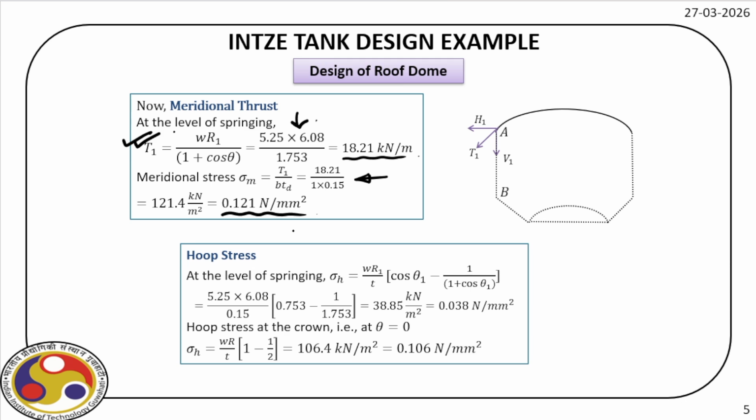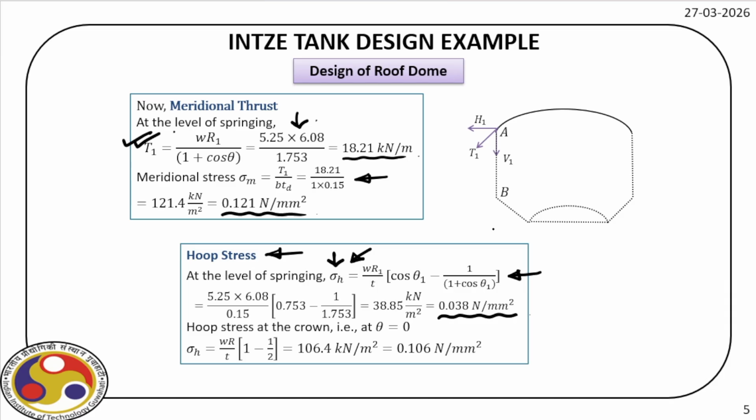Similarly, we can also find out the hoop stress. For that, sigma H is the stress component. We have already evaluated the expression in the last class. So here is the expression, and in this expression, if we put all the values, we get a hoop stress of 0.038 Newton per millimeter square.